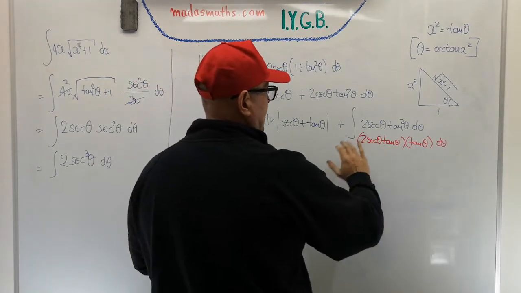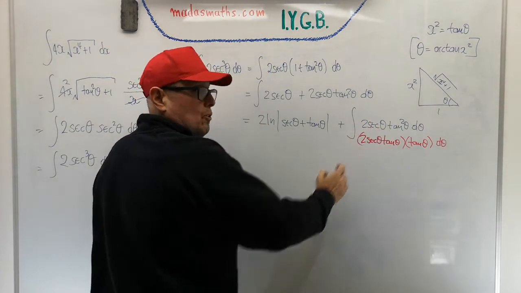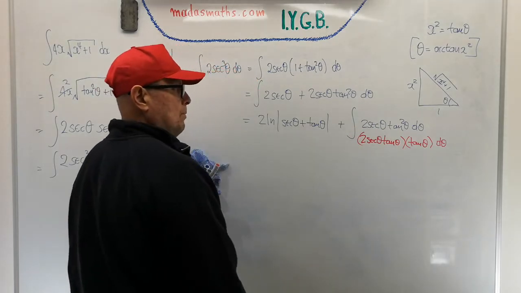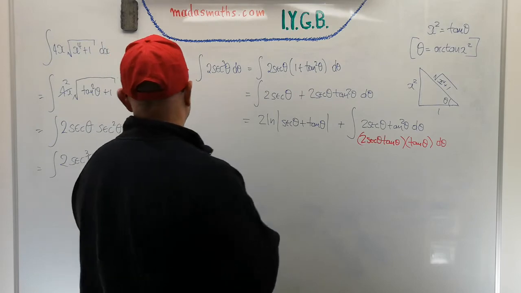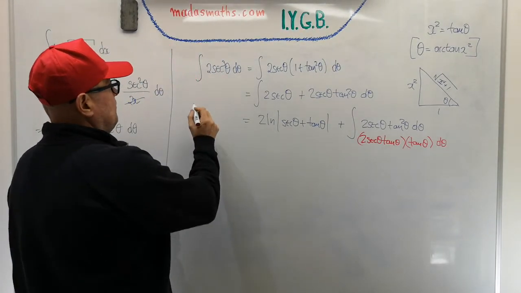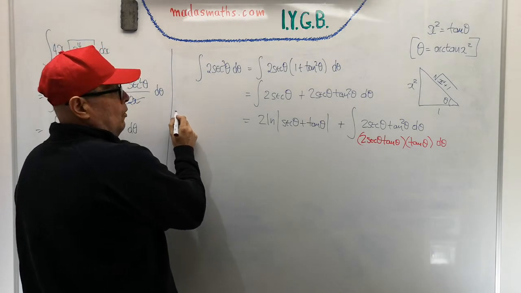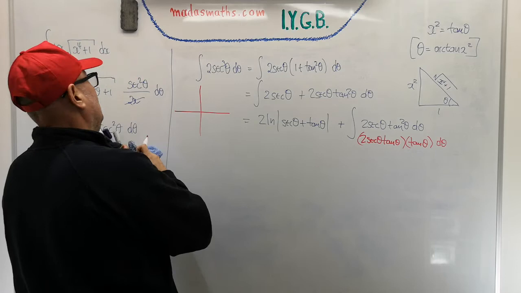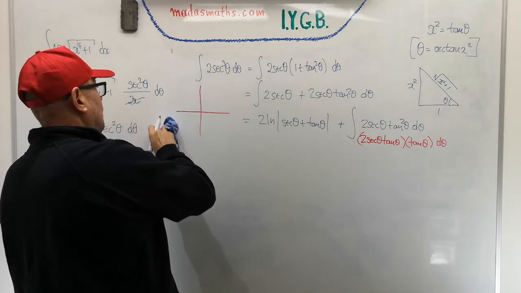Okay, so in fact I'm going to write now my integral there as 2 sec theta tan theta multiplied by tan theta d theta, and then I'm going to do my integration by parts. I'm going to solve the integration by parts here. I'm not very well organized with the board where I put things, so let's rub this line off as well.